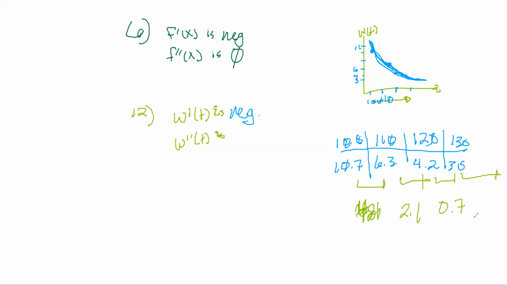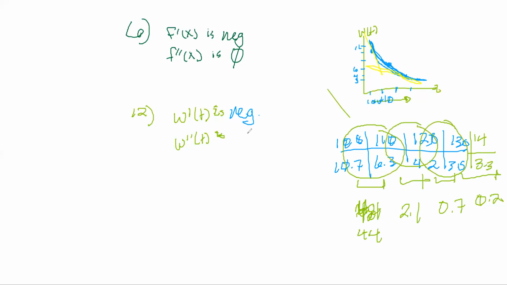So the difference between these two is larger than the difference between these two, and so on and so forth. Again, you have to think of it in terms of visualizing. The slope of the tangent line is going to be steeper here than it is here.